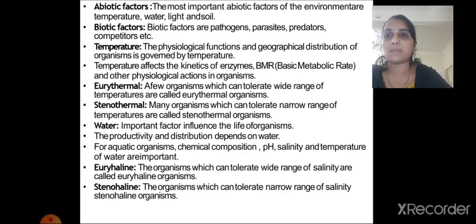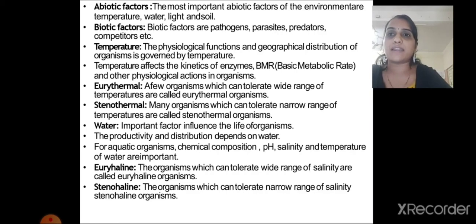If the temperature is low, then also the number of species or individuals of the species will be less. If it is an average temperature, neither too low nor too high, then such temperature is most favorable for maximum living organisms, and more living organisms will be found in that area where the average temperature is found.